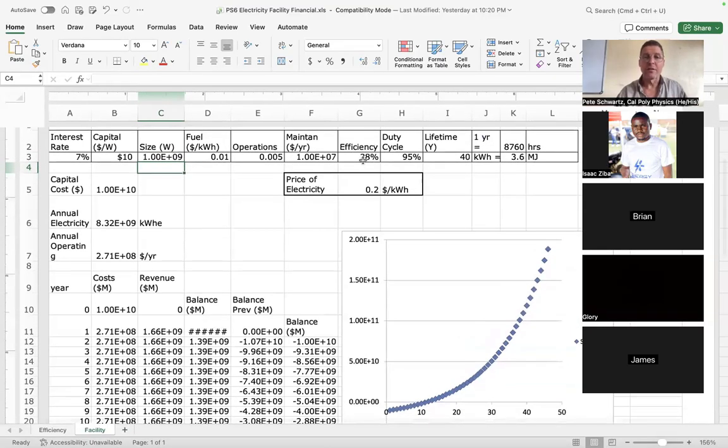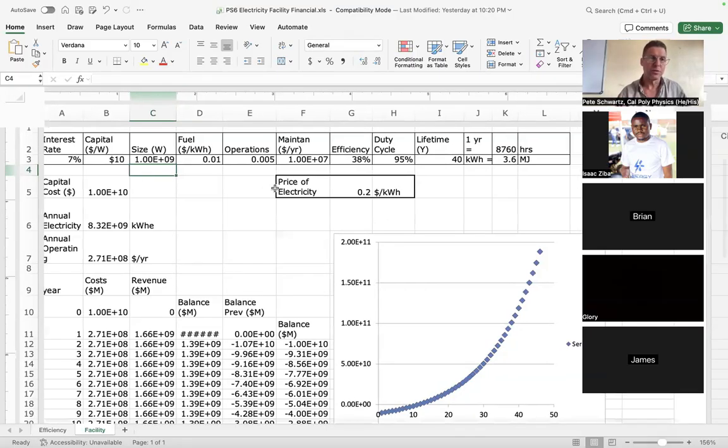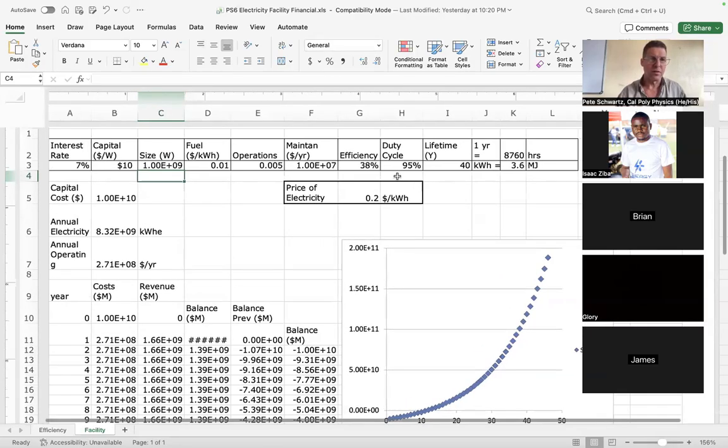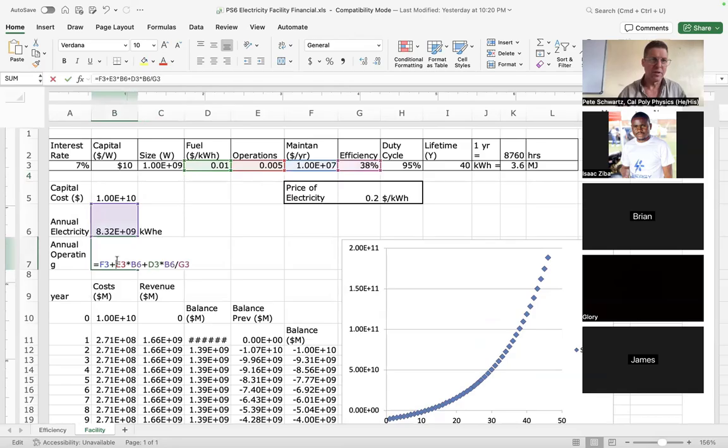Now, your efficiency determines how much fuel you have to use. So your fuel costs, where's fuel cost here? Operating costs, right? The efficiency comes into play because if you're not efficient, you have to buy more fuel.